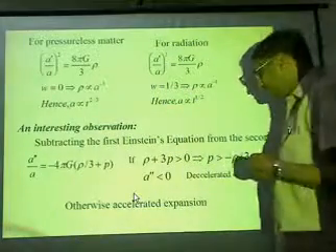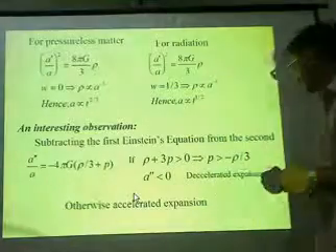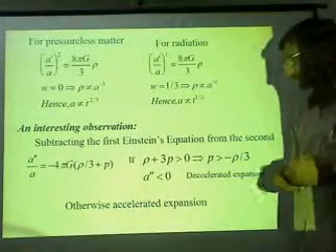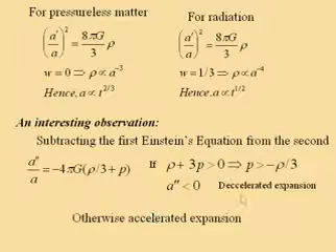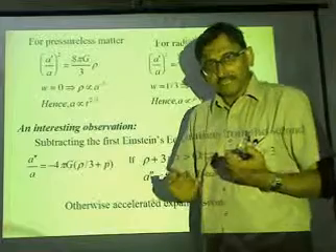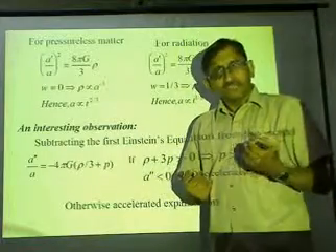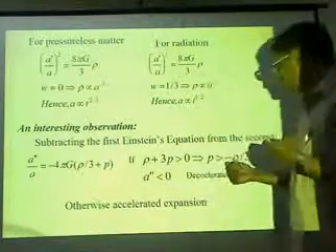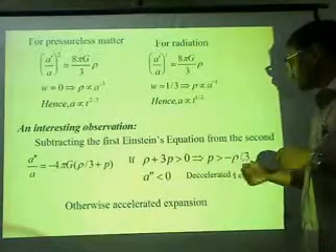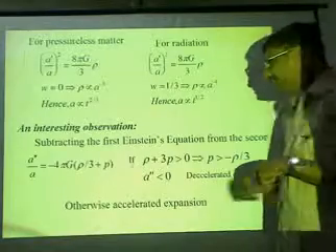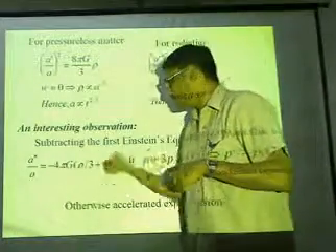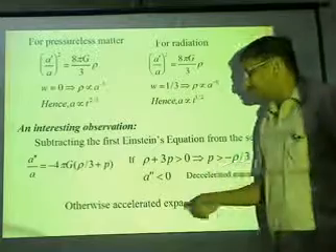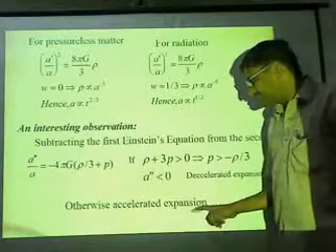In other words, the universe decelerates as it expands. This is the scenario for most normal kinds of matter in the universe. However, of late, one feels that one can have another matter in the universe where this inequality doesn't hold and makes the right hand side positive, and this will make the universe accelerate as it expands.